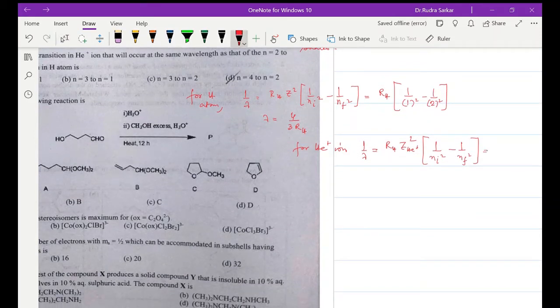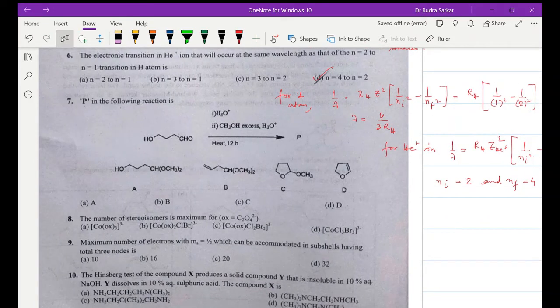So this will be equal to 3RH by 4 only when Ni is 2 and Nf is equal to 4, and so the correct option over here is going to be D. Okay. The next reaction given is P, which we'll discuss in the next slide.